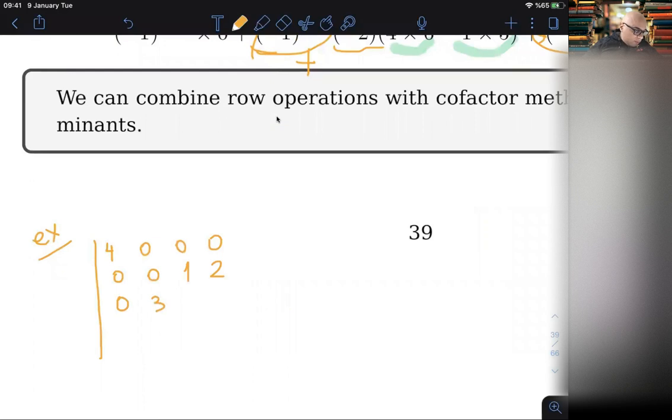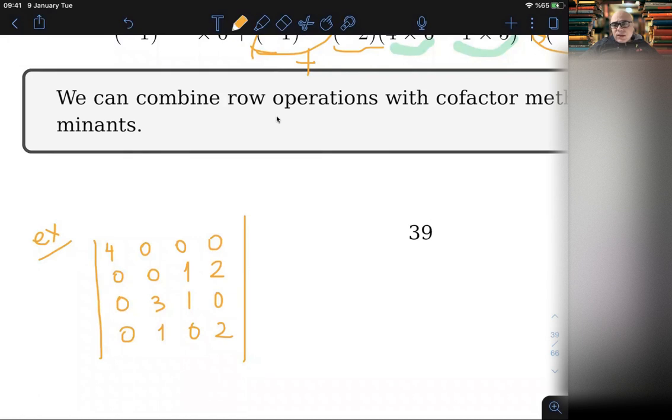I don't want to write a matrix which has a row of zeros or a column of zeros, because if I write that, the determinant is automatically zero. Okay, let's look at the determinant of this guy.